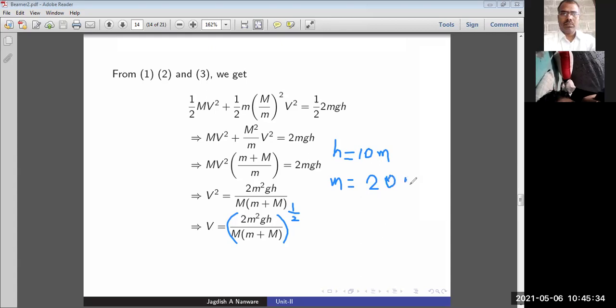So you should take all units in one system, either CGS or MKS. Right? Then capital M, mass of the gun, is say 10 gram also, right?